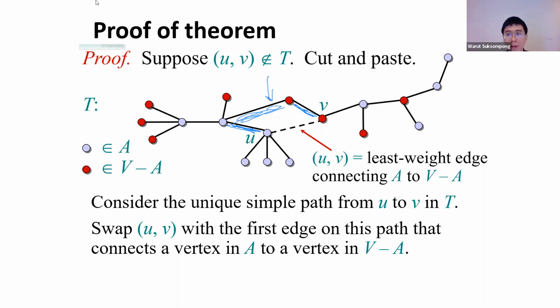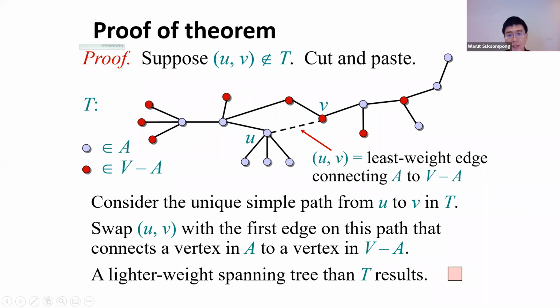So we swap UV with this edge, and we claim that that gives us a better solution, because we know that UV has a lower weight than any other edge that connects A to V minus A. If we make this swap, we still have a spanning tree, and it's a spanning tree with a lower weight.